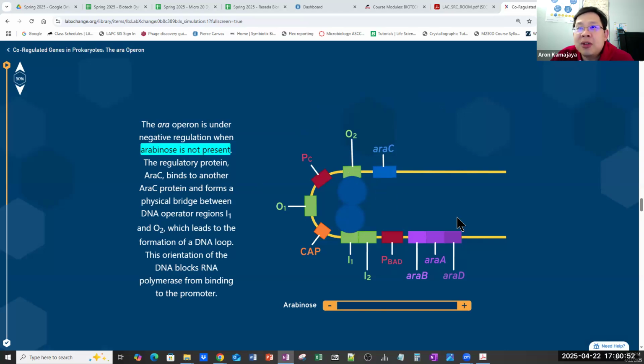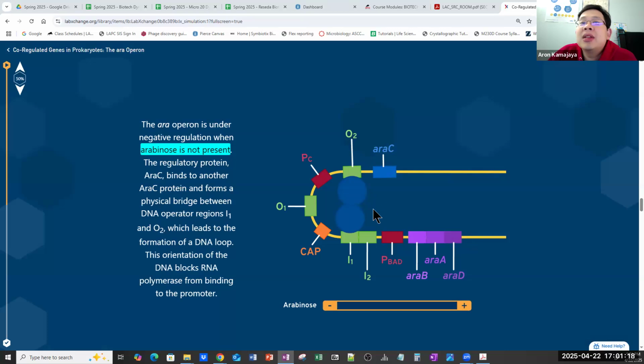And by doing so, it makes the entire DNA curl up like that, right? And when it curls up, it provides a barrier, a hindrance for RNA polymerase to come. Because in order for transcription to happen, your RNA polymerase has to come and bind to this promoter called PBAD and transcribe the gene.